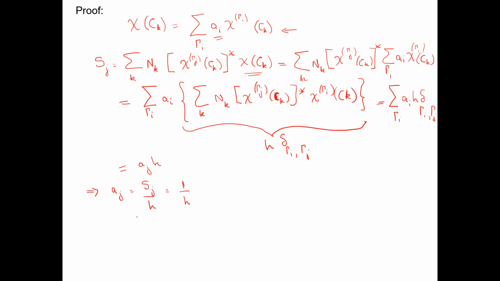So basically this is equal to a sum over k of nk times the characters.